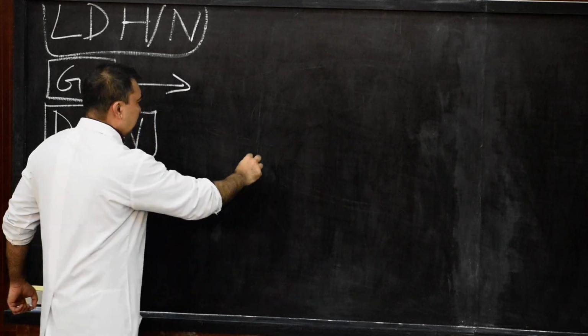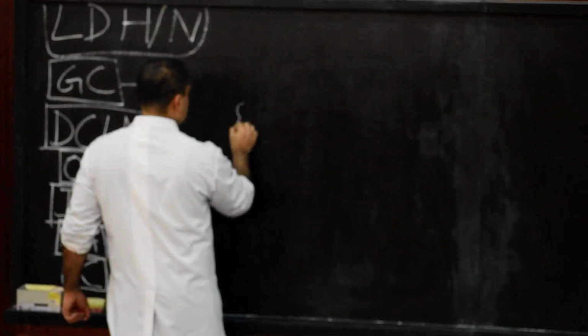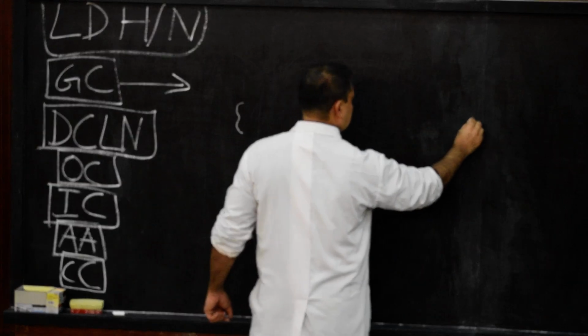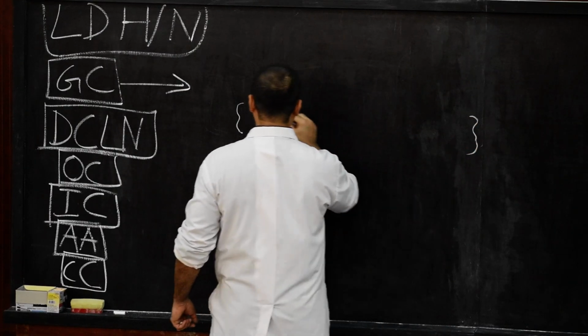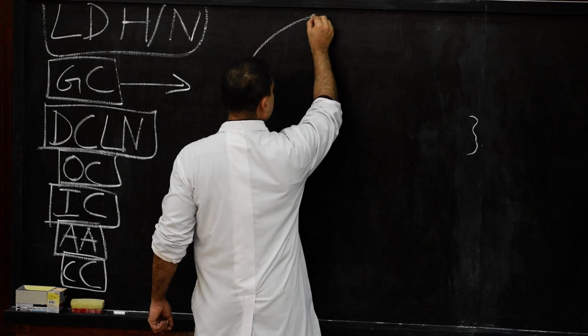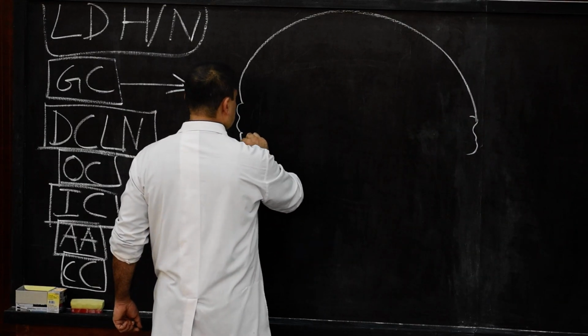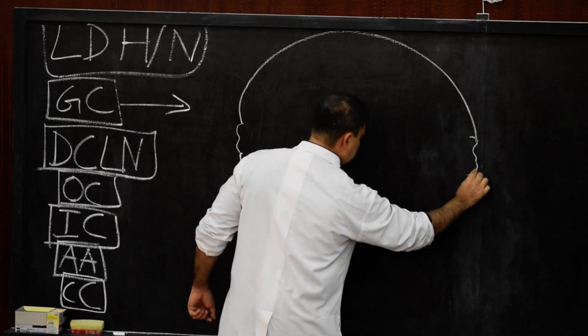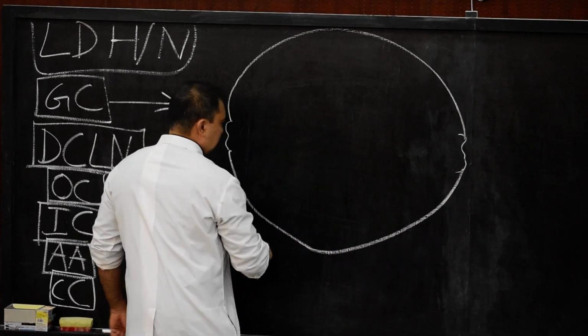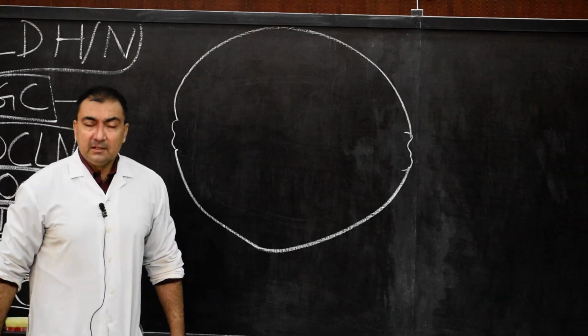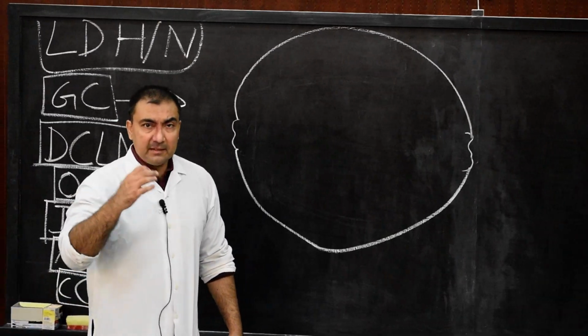Here we draw the auricle at this level, and here also we draw the auricle at this level, and we draw the cranial cavity. So what we are drawing is the cross section of the entire head and neck.